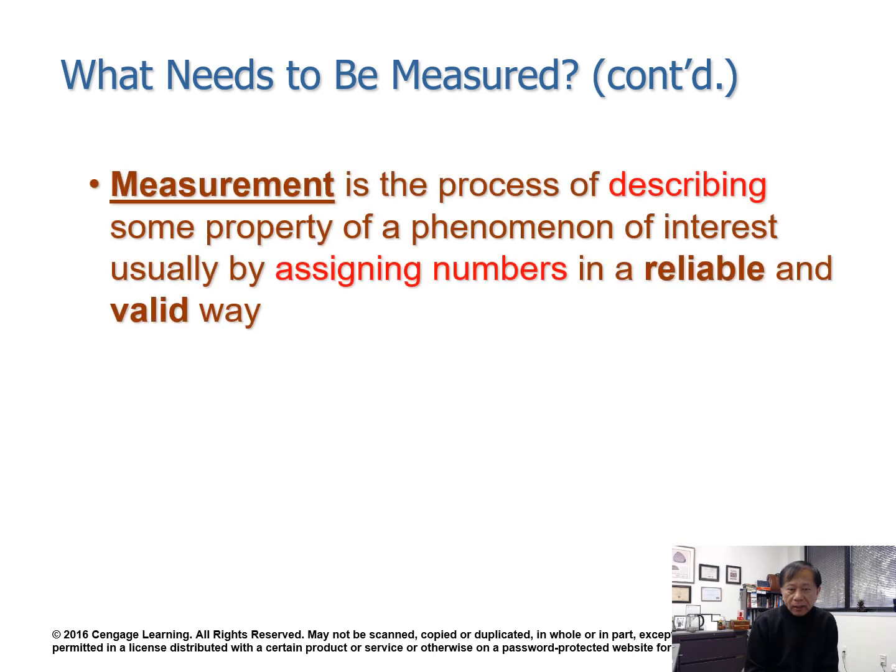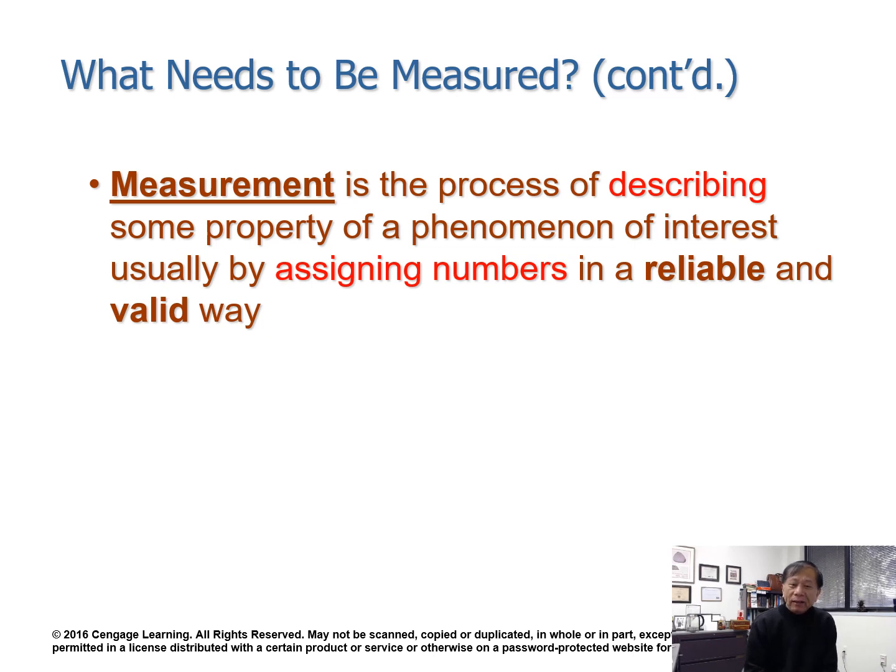Okay? Measurement. So, what is measurement? Measurement is a process of describing some property of a phenomenon of interest, usually by assigning numbers in a reliable and valid way. If we want to measure, for example, a person's height, I measure my height. I think I'm 5'9" or 5'10".